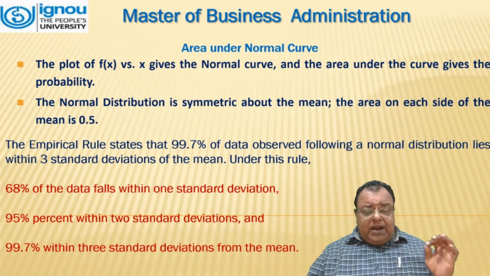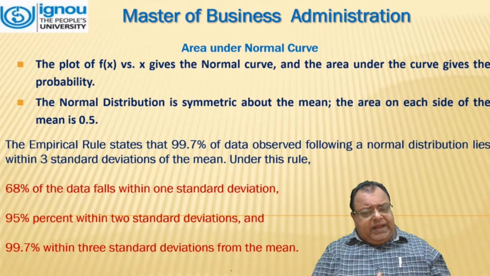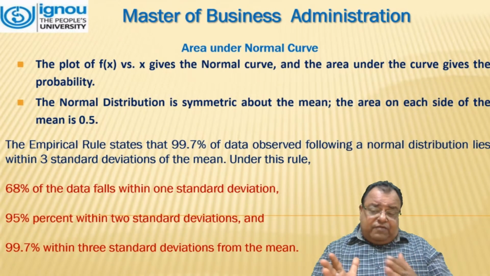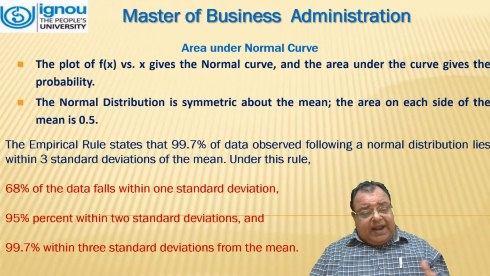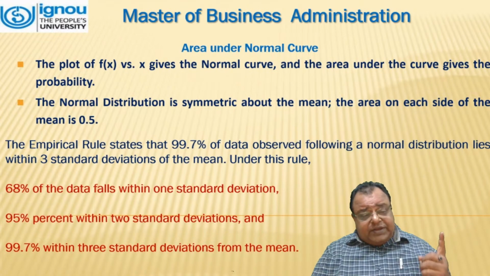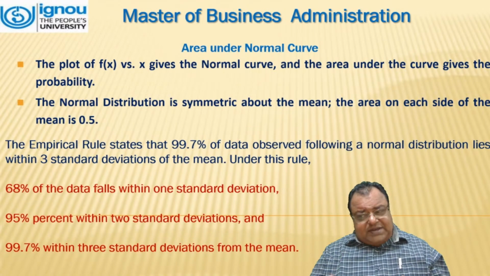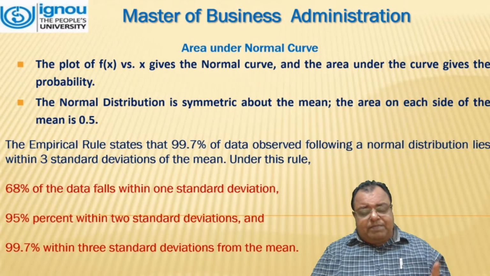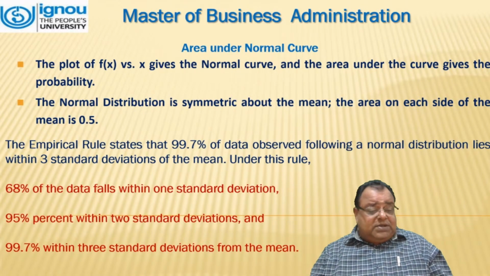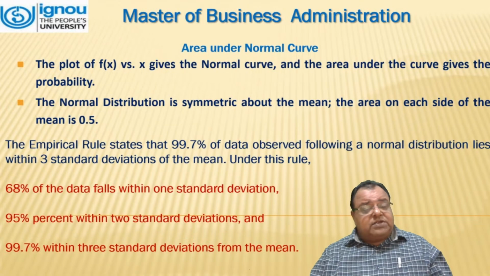The empirical rule states that 99.7% of the data observed following a normal distribution lies within 3 standard deviations of mean. And under this rule, 68% of the data falls within 1 standard deviation, 95% of the data within 2 standard deviations, and 99.7% within 3 standard deviations from the mean.